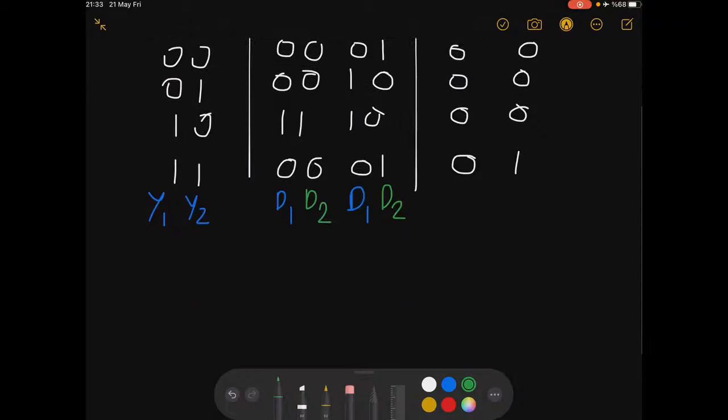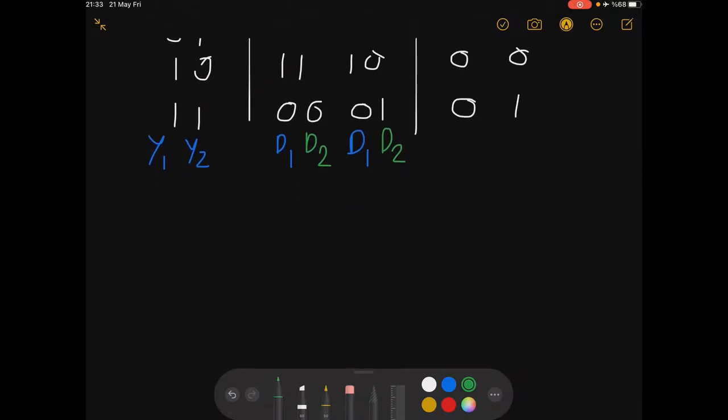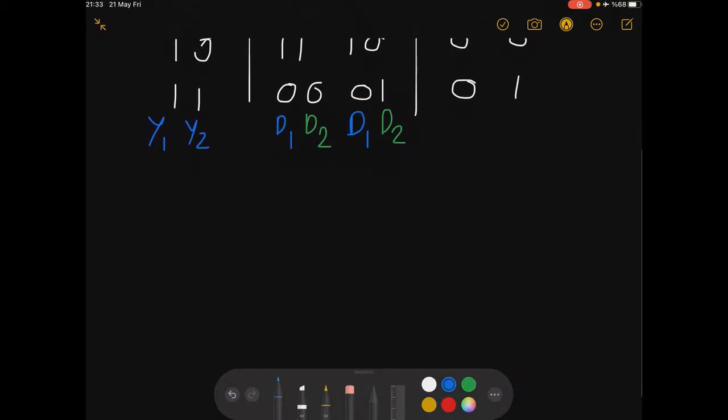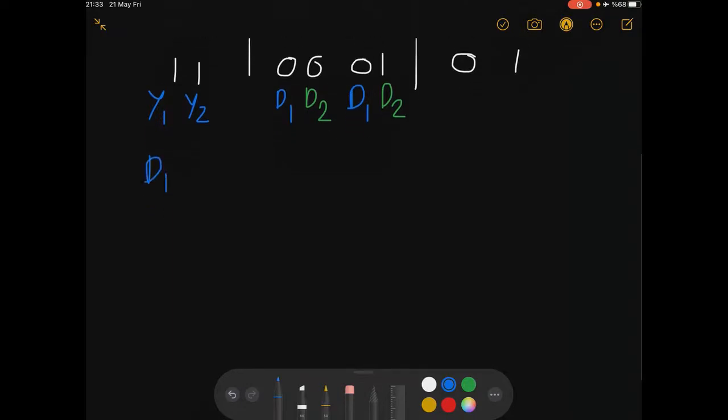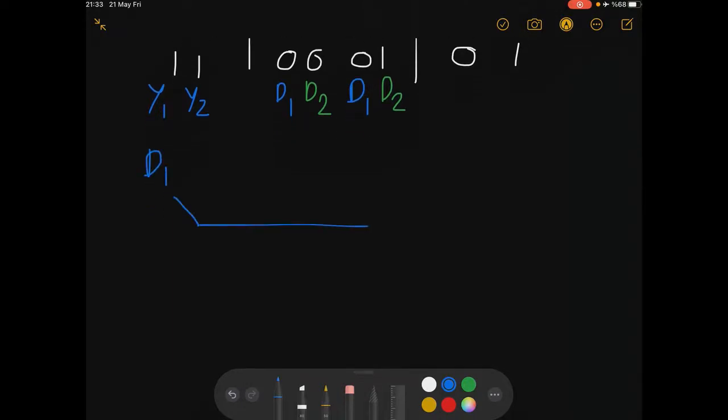For D1 and D2 you need to have equations. For D1, I need to have an equation, so it should be dependent on x and your current state. And for D2 you need to have another equation, which is dependent on x and your current state again.